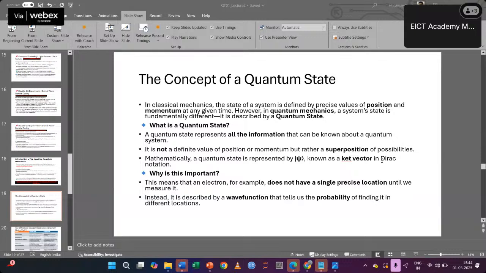Screen is visible, but the slide is not full screen.